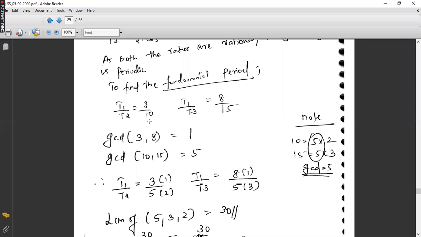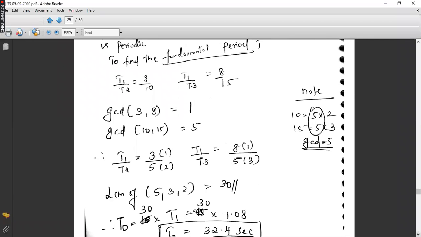So you replace 10 in terms of 5 so that it becomes 5 into 2, and instead of 15, it becomes 5 into 3. So now you take the LCM of 5, 2 and 3, so that it becomes 30. So 30 will be your LCM. Then you multiply the time period of the reference signal, that is the first signal, with 30.